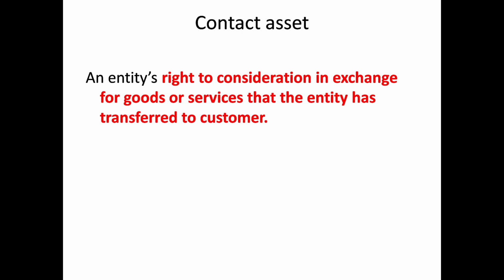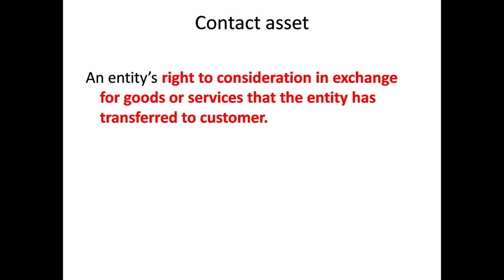Contract asset. An entity's right to consideration in exchange for goods or services that the entity has transferred to the customer. Entity has already transferred, but the entity has not received the full consideration. Therefore, that will be classified as contract asset.